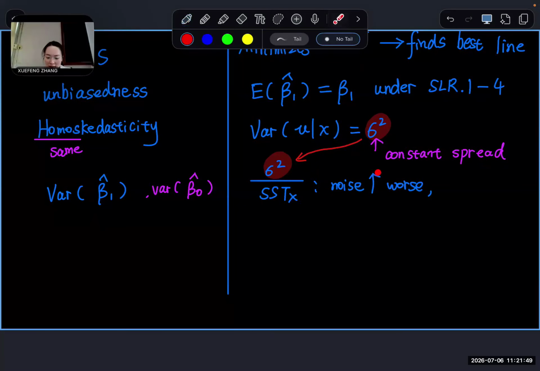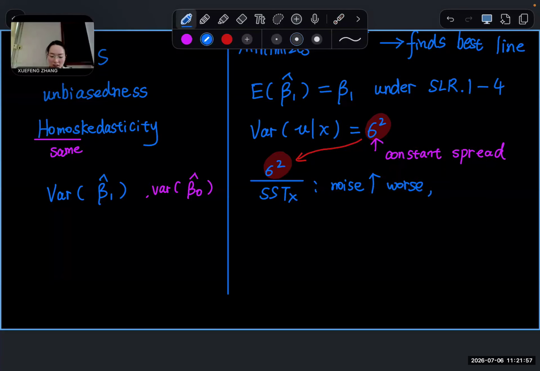Okay, if noisy goes up, increases, our variance will be worse. Okay, we'll have a bigger variance. On the other side, let's think about the denominator, which is the variation in X, okay?